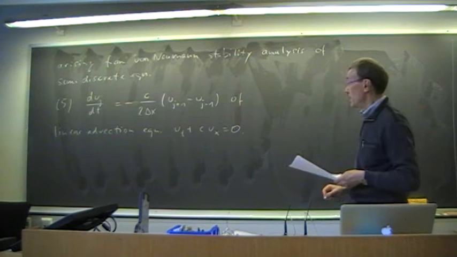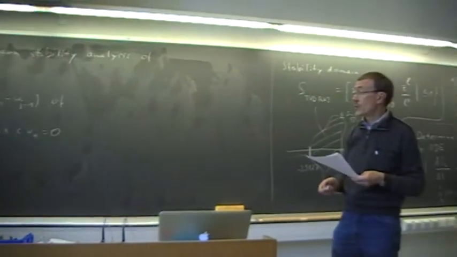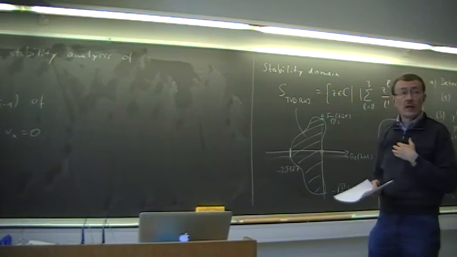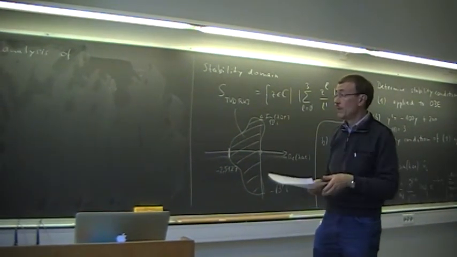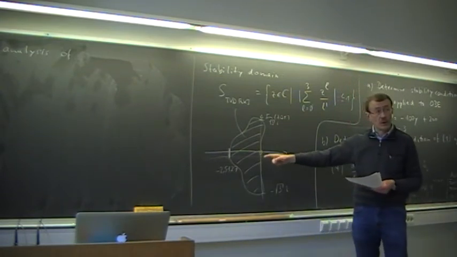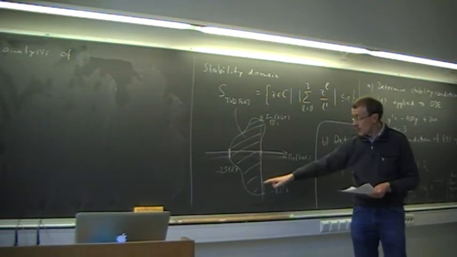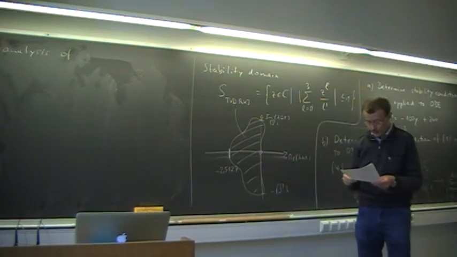So c is our advection velocity. That means we discretize that by a central difference approximation in space. And if we apply to that the explicit Euler method, then this is unstable. But using this Runge-Kutta method, or any other Runge-Kutta method that has something on the stability domain of the imaginary axis, we can get the method stable.